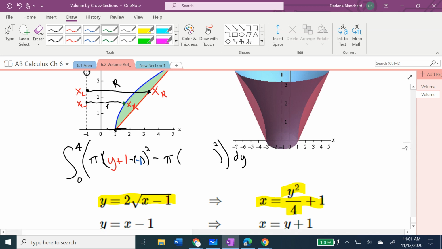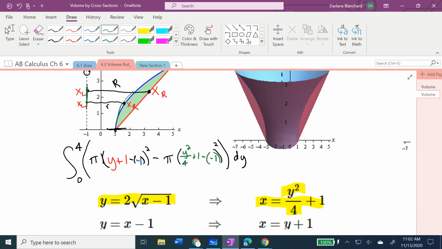So on my inner radius, the right x is y squared over 4 plus 1, minus the left x, which is negative 1. And then it's all set up, ready to go.